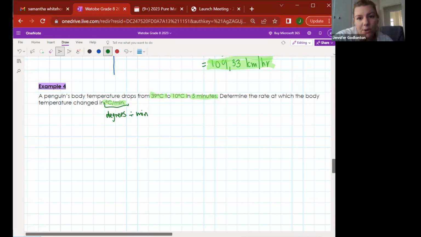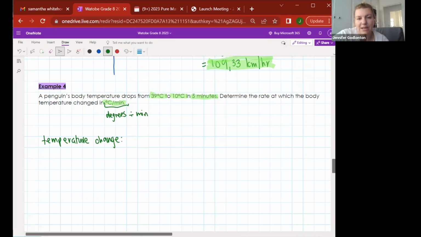So our first question here is, if the penguin's body temperature was 39 degrees and it dropped to 10 degrees, how much was the change? How much did its body temperature change in those 5 minutes? Don't overthink it.